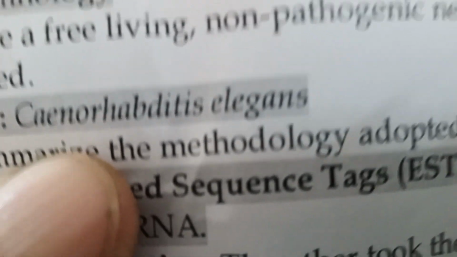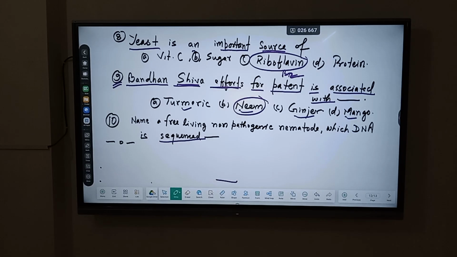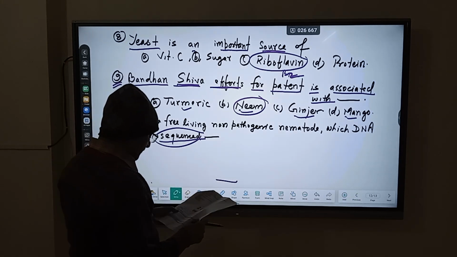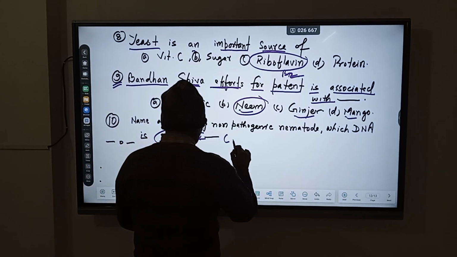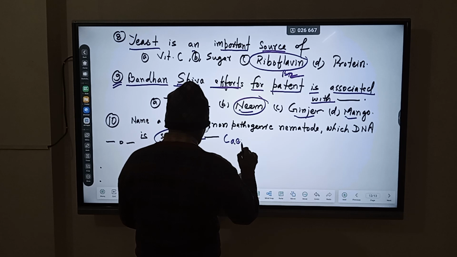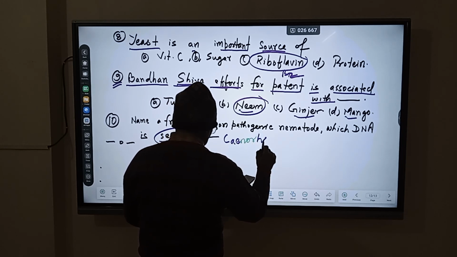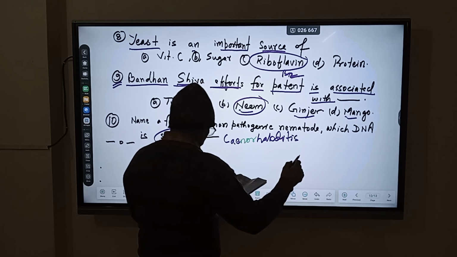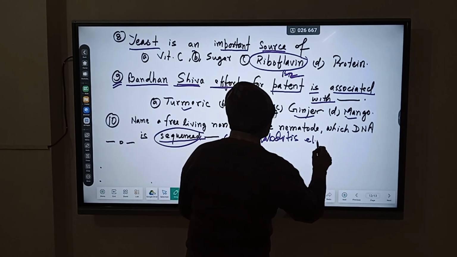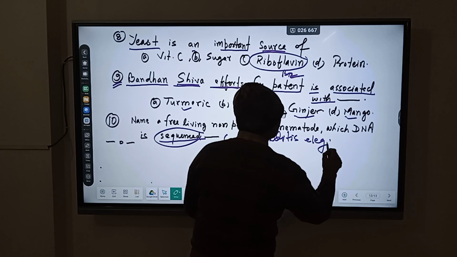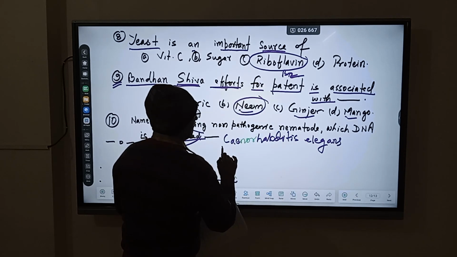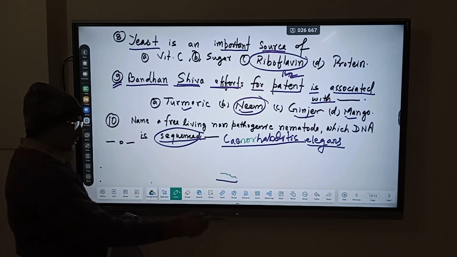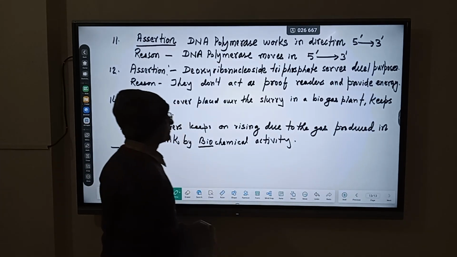Caenorhabditis elegans. How do you pronounce it? That is completely sequenced. So your correct answer will be Caenorhabditis elegans. Okay, so in this way you can easily solve.